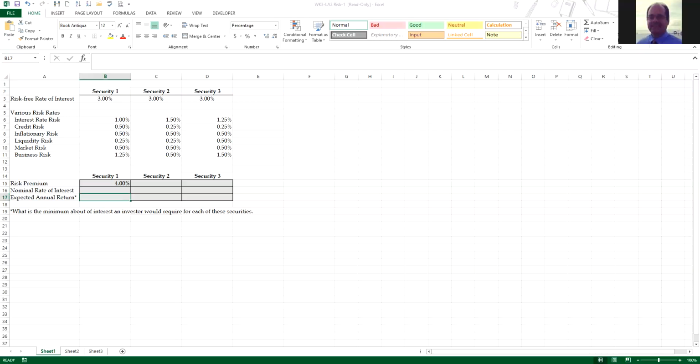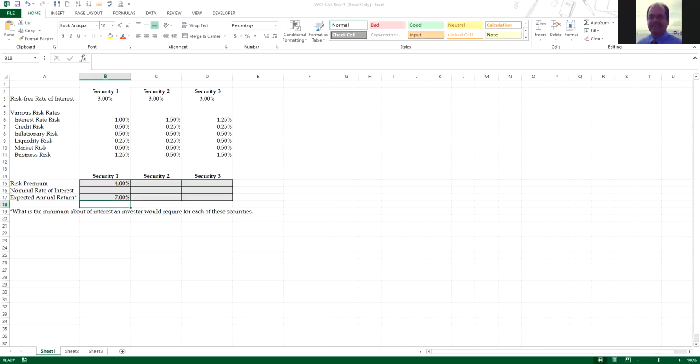We're going to input the formula by first putting equal. Since we already know what the risk premium is, we can take the risk-free rate plus the risk premium. Okay, so it's 7%.